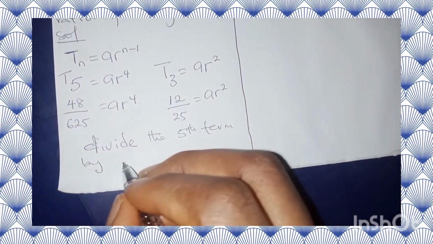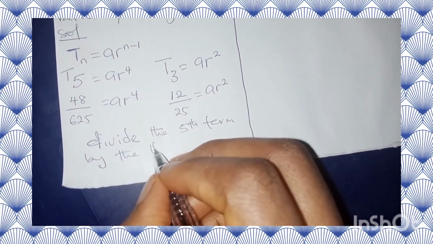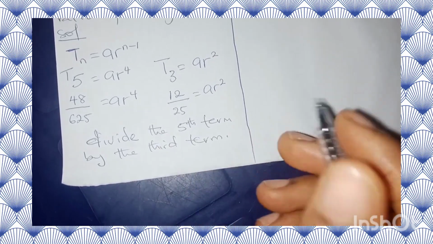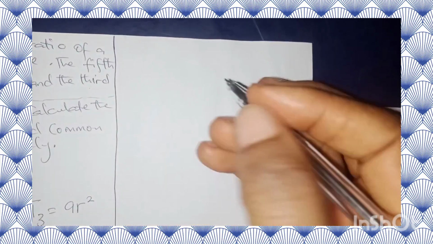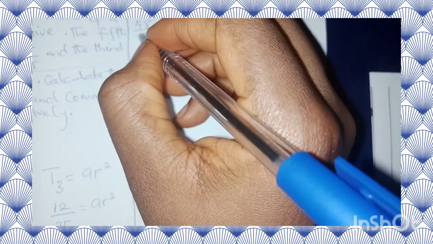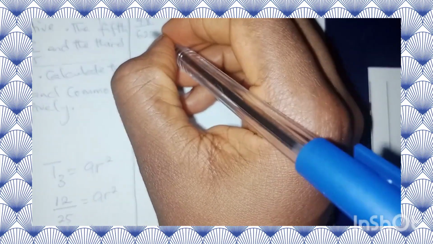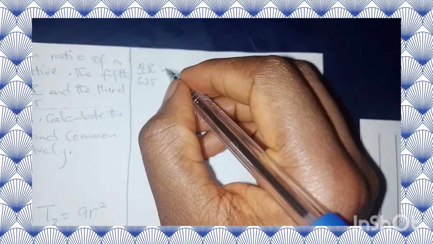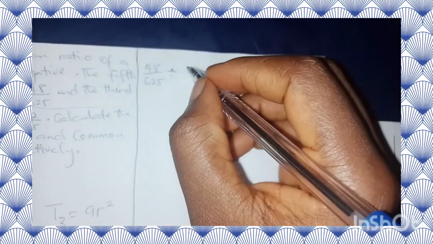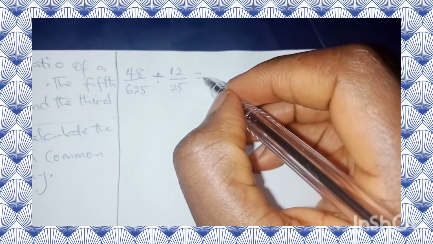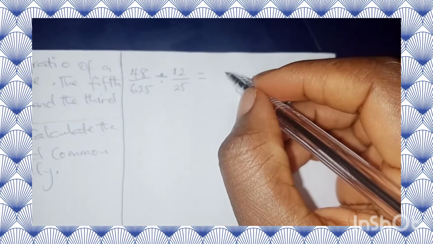So divide the fifth term by the third term, and that will give us 48 over 625 divided by 12 over 25, which is equal to AR to the power of 4 divided by AR to the power of 2.